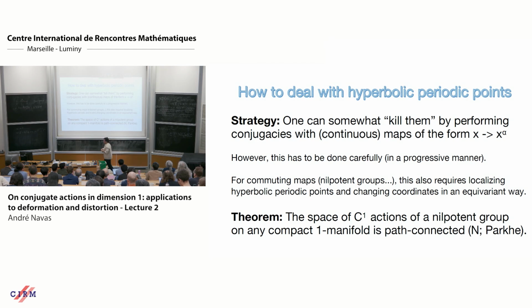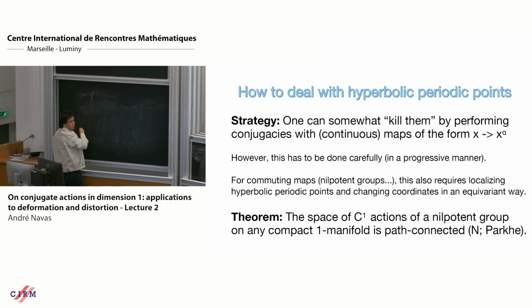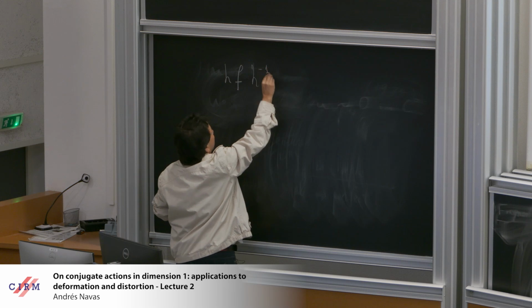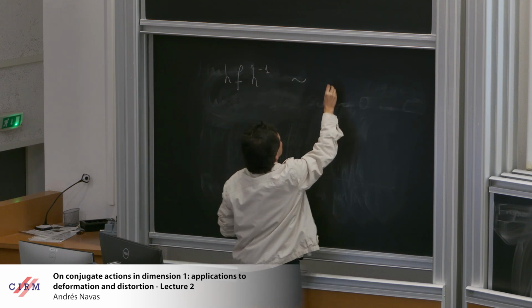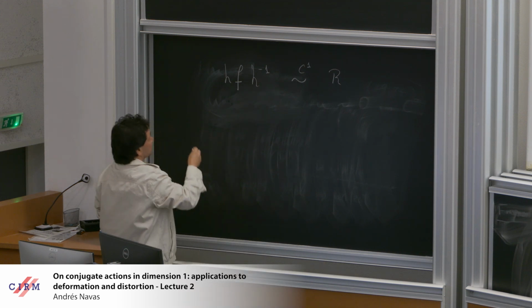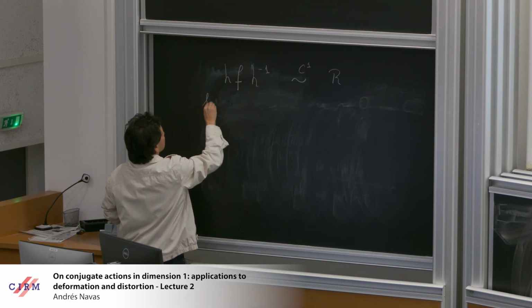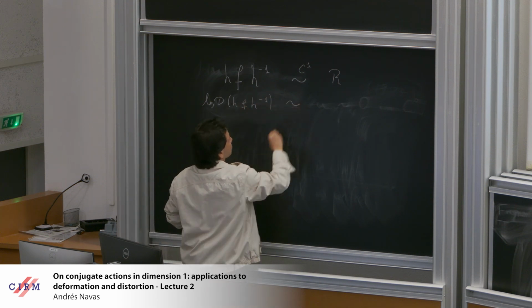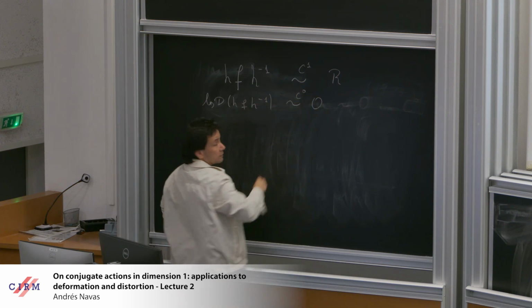Essentially, this is totally related. If you have F and you want to conjugate F and you want this to be close to a rotation in C1 topology, this is exactly the same as saying that the logarithm of the derivative is close to 0 in C0 topology.